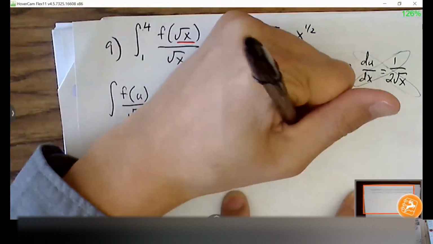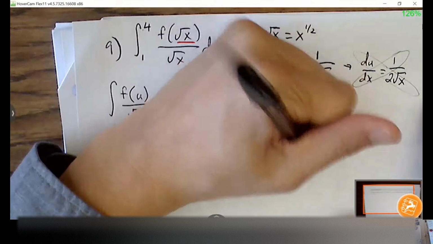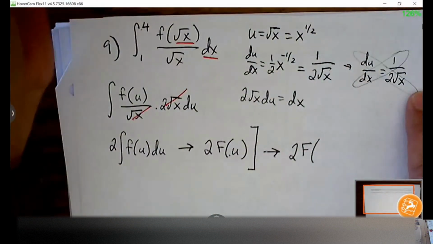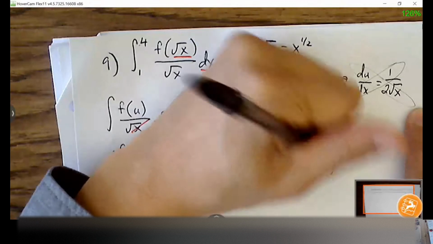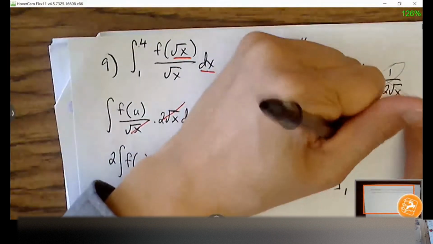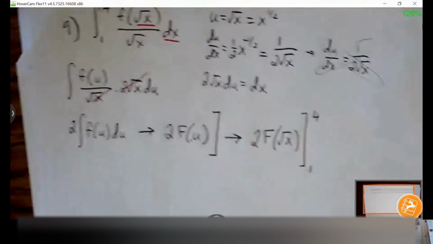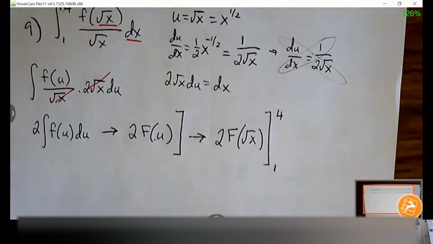I like to do it this way too, especially if they're not forcing us to do it in multiple choice. So I'll bring the u back in terms of x. u is equal to root x. Okay, now I'm ready for my 1 and 4. Upper bound first, 4 into root x.